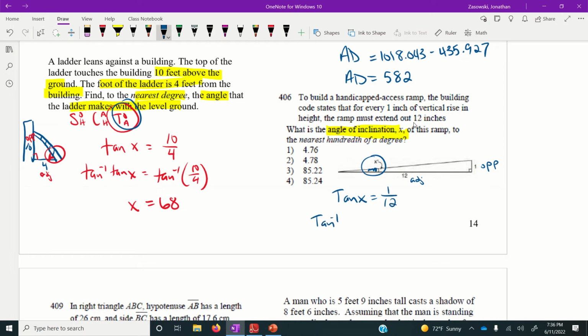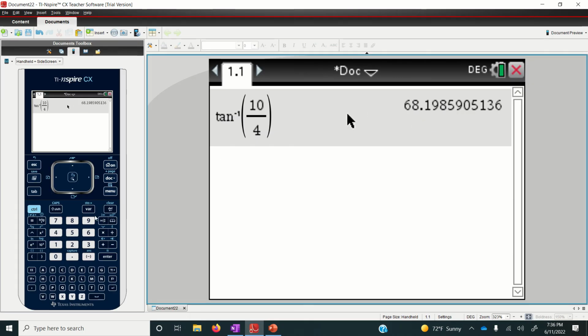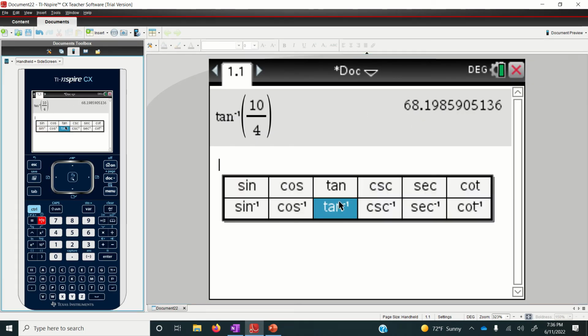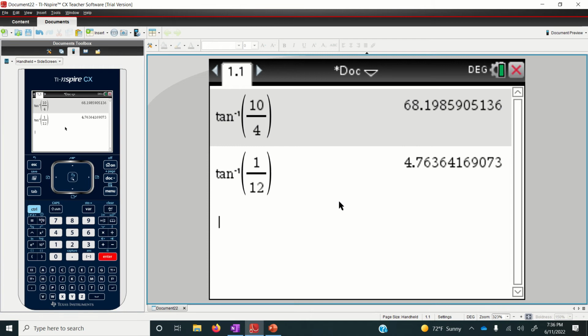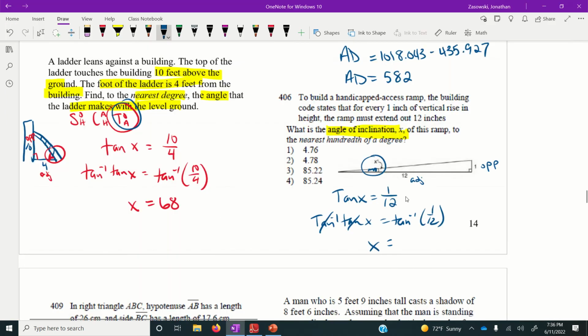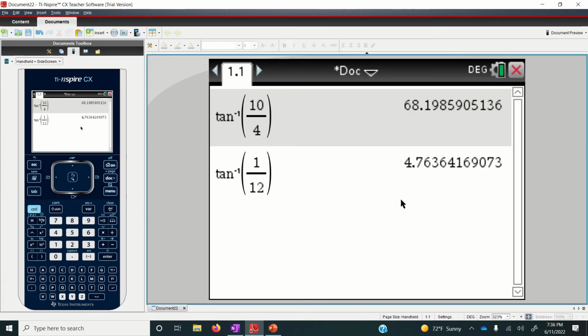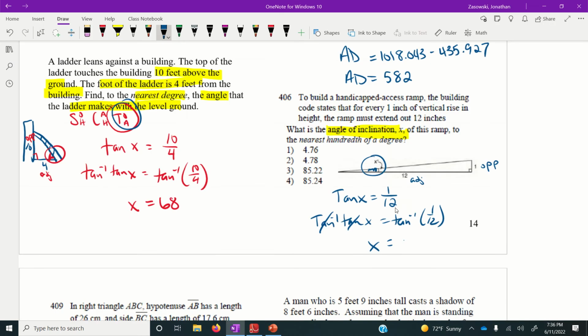Then we use the inverse to solve. x is equal to tangent inverse of our fraction, rounded to the nearest hundredth of a degree. So that's 4.76. And these are officially degrees, so we might as well label them accordingly.